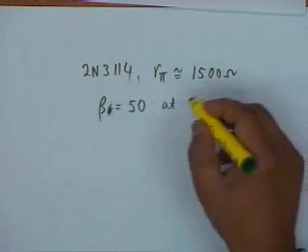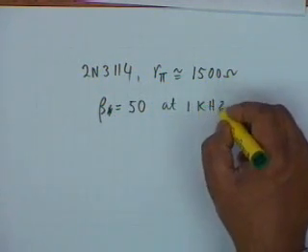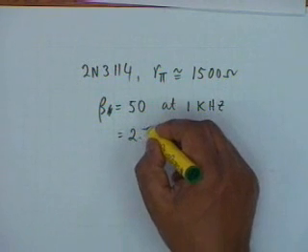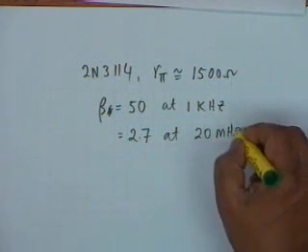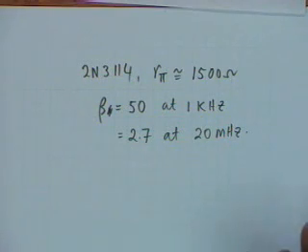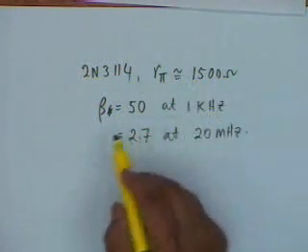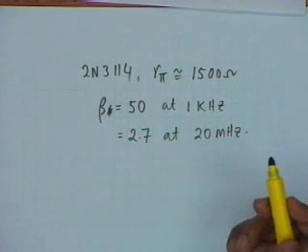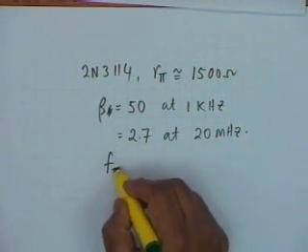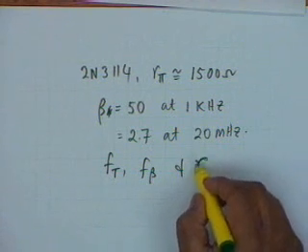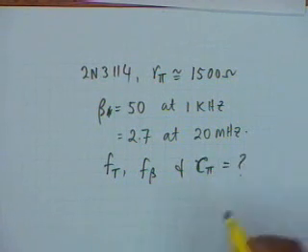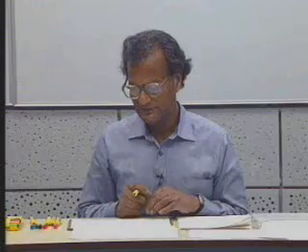Beta is 50 at 1 kilohertz and is 2.7 at 20 megahertz. This is all that is specified. R pi is given, the values of beta at 2 frequencies are given, and you are required to find out Ft, F beta and C pi.